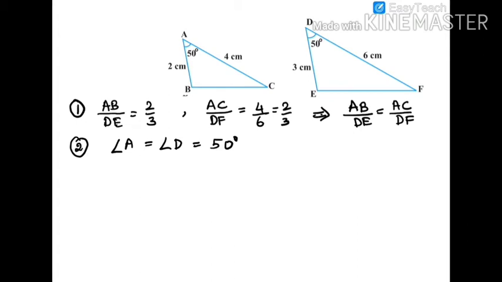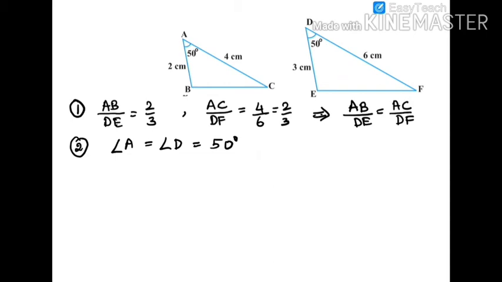That these parts that you have measured are also satisfying the equality relationship. That means BC upon EF will be 2 on 3 on measurement, and similarly angle B will be equal to E and C will be equal to angle F. So we can say that these two triangles are similar.